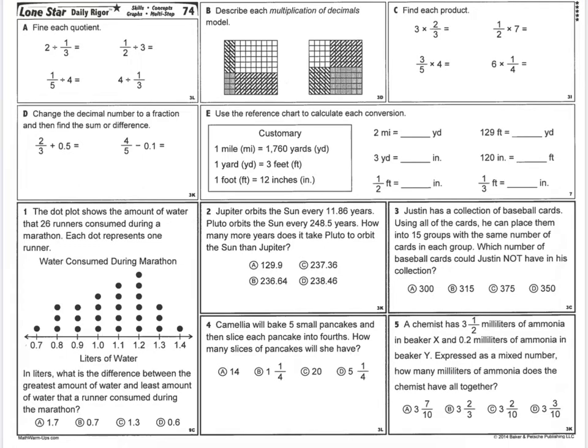Okay, E says use the reference chart to calculate each conversion. All right, so we're looking at customary conversions. This is our big side because 1 foot equals 12 inches. In other words, it takes 12 little bitty inches, which is small, to make 1 big foot.